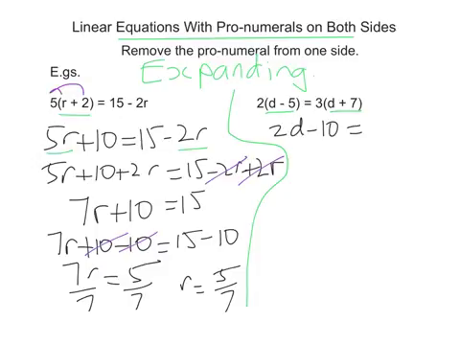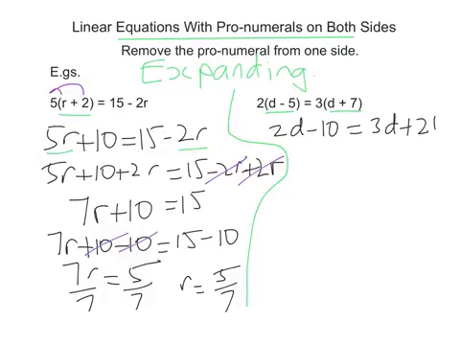3 times d plus 7 gives me 3d plus 21. This time I'm going to subtract 2d from both sides. The reason I do that is because when I subtract 2d from both sides, I'll get plus d on the right hand side, and I don't want to get negatives because that makes it too hard or too long.